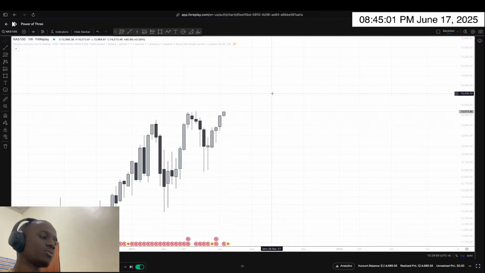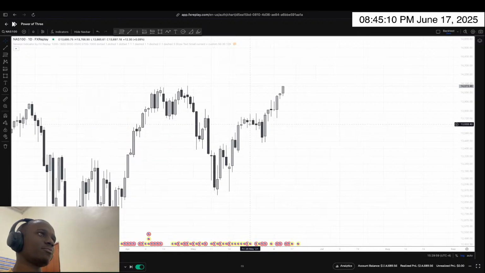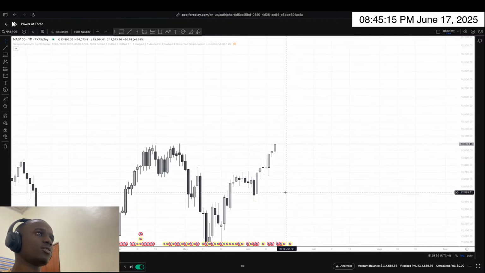Going to the daily time frame, you can see that we had reaction of order blocks, and you can see it right here. Push, OB, drop, push. So just the same thing occurring over and over.